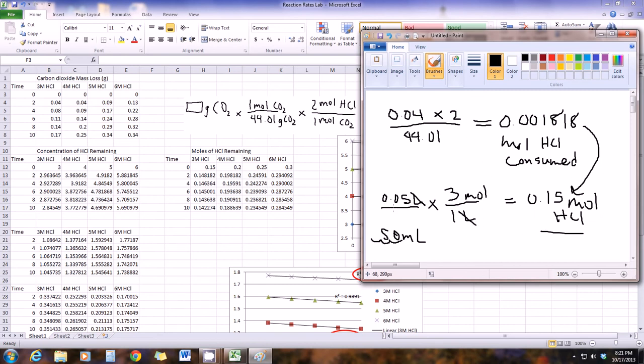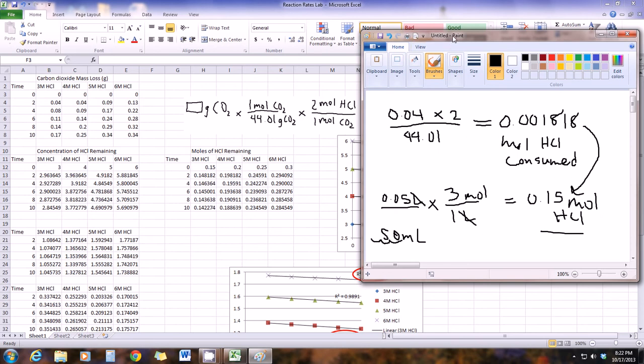So when I multiply 0.05 times 3 moles, I get 0.15 moles. So basically, in order to get from moles consumed to moles remaining, I just subtracted the amount that was consumed from the moles that I started with. So this would be 0.15 minus the number I found using this calculation right here.